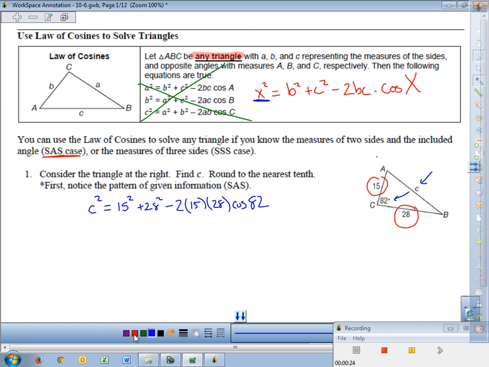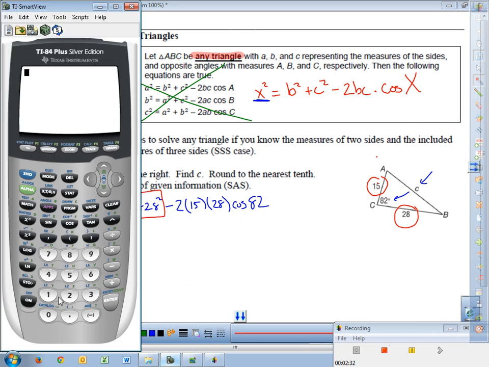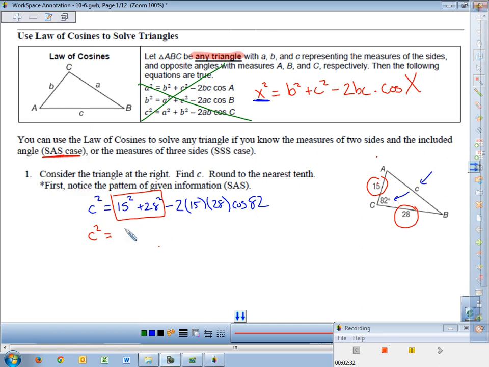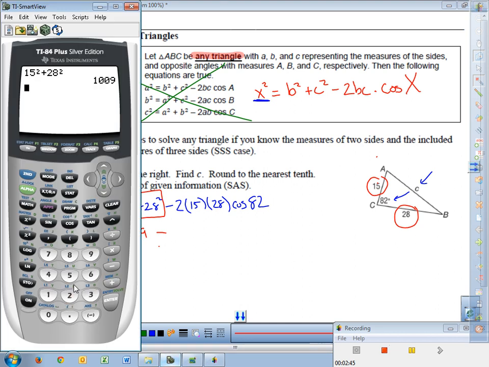What I want us to do before we just punch all this in our calculator is clean it up a little bit. Let's figure out what this is right here, this 15 squared plus 28 squared. So I'll just punch that in, 15 squared plus 28 squared, and that's 1,009 minus 2 times 15 times 28.